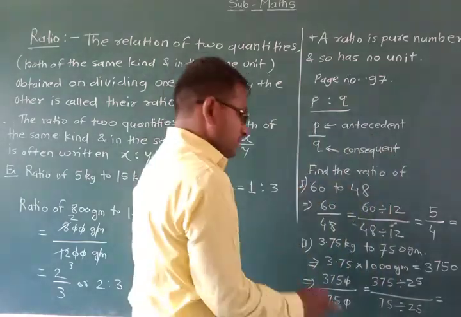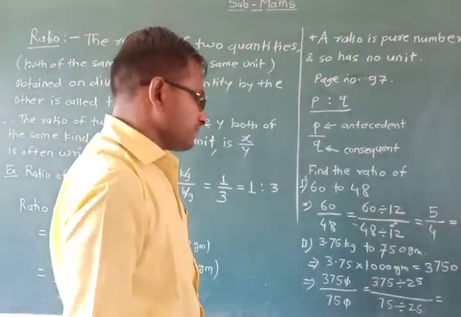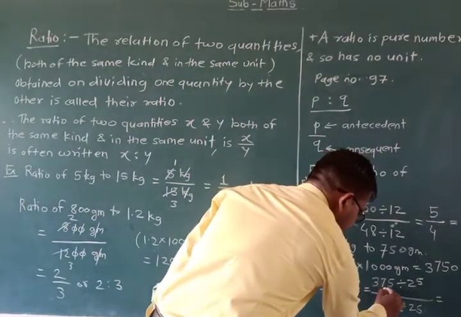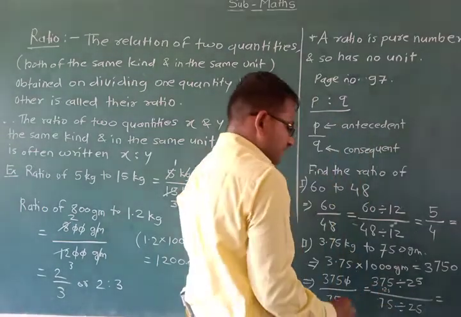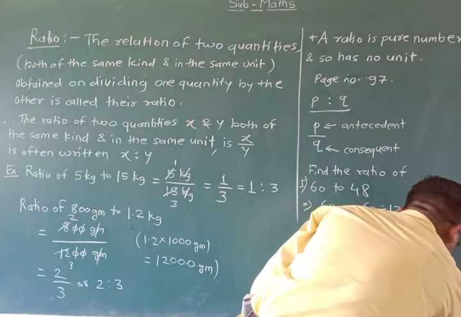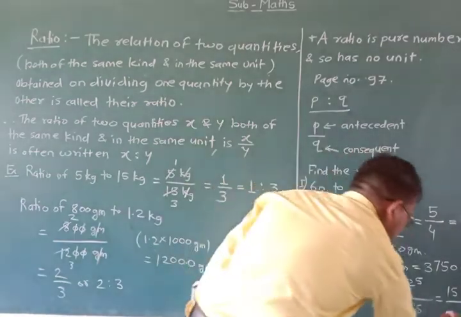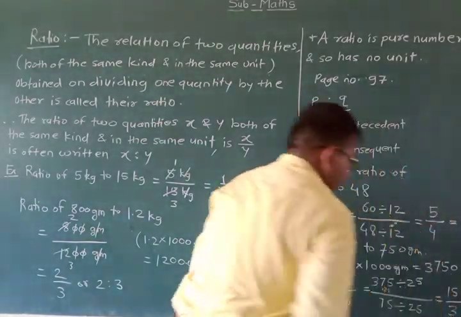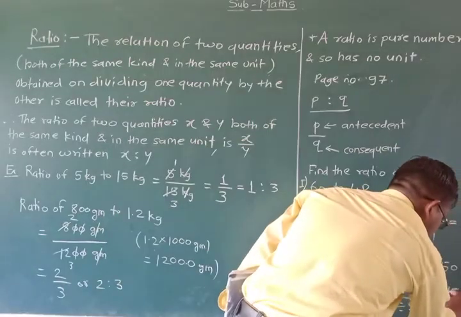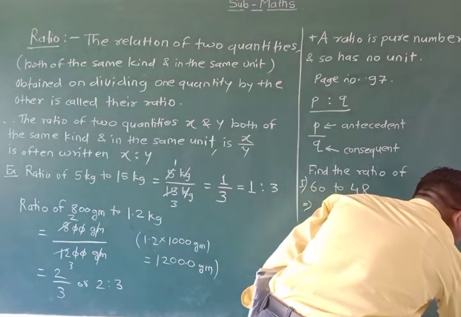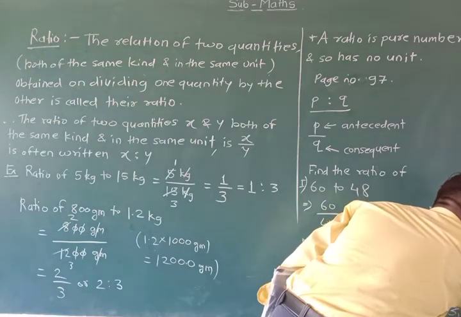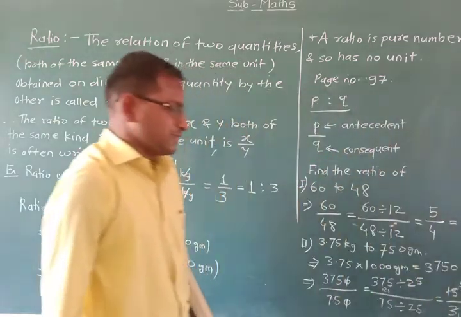Then we get 15 upon 3. 25 5s are 125, 25 3s are 75, and in the 3 table, 15 is present. 3 1s are 3, 3 5s are 15. So 5 upon 1 or 5 is to 1. This is the answer.